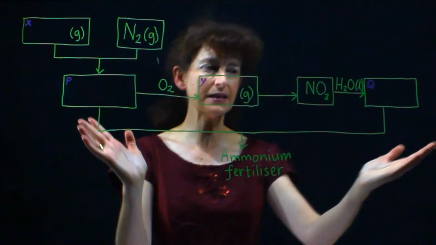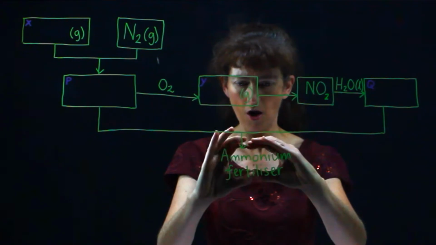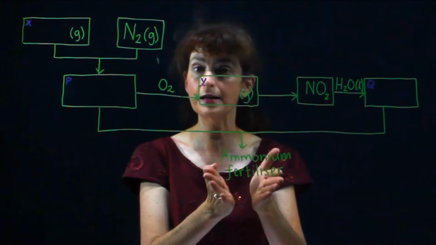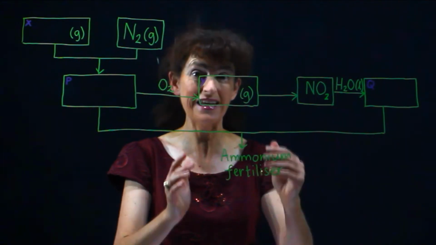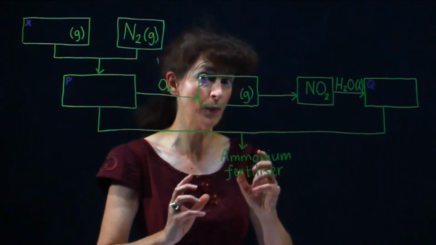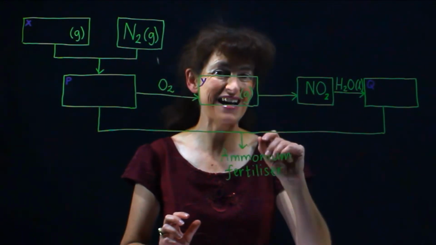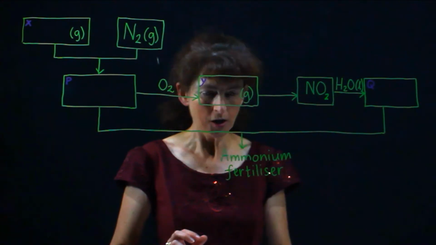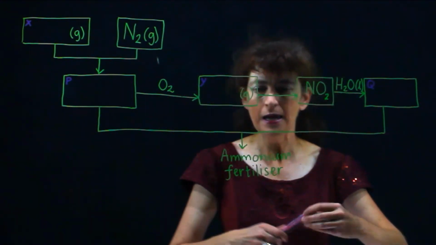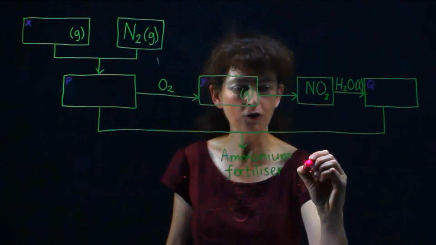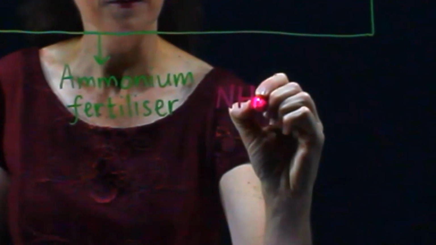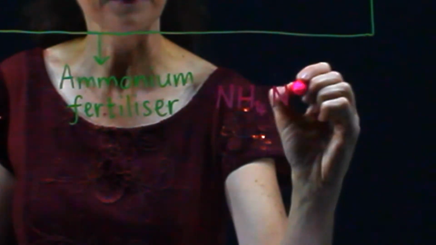We can see that this involves the preparation of ammonium fertilizer. Fertilizers are, of course, for plants. Plants need nitrogen in a form they can absorb, and that form is nitrates. So this here is ammonium nitrate, NH4NO3.